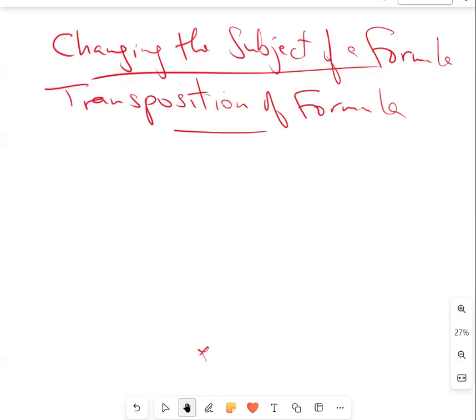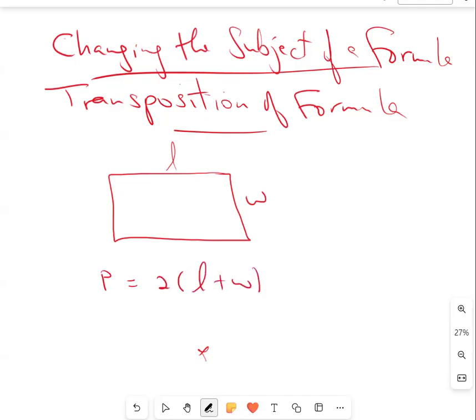Mathematics is full of formulas, so many formulas are there in maths. A very famous one is where you have a little rectangle, that's the length, that's the width. There's a formula like this: perimeter is equal to 2 times the length plus the width. Sometimes you say, well, I want to rearrange this formula to make L the subject, meaning you want to have L equal to something.